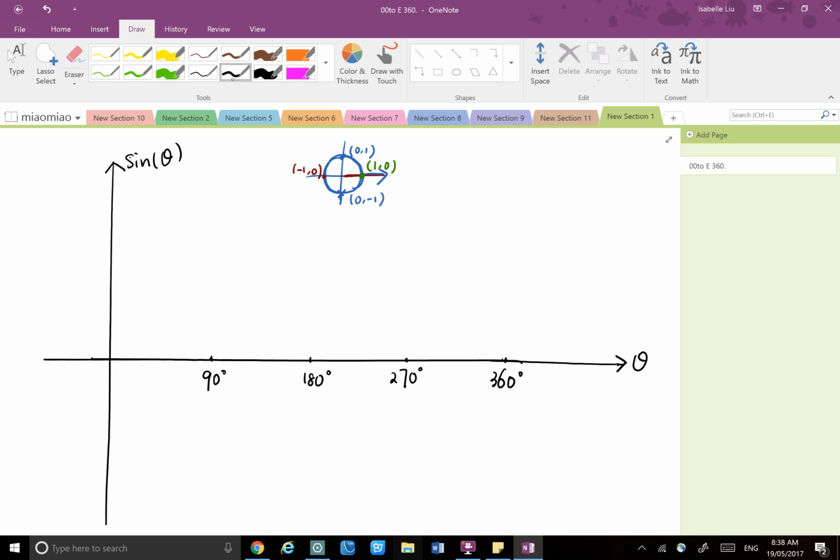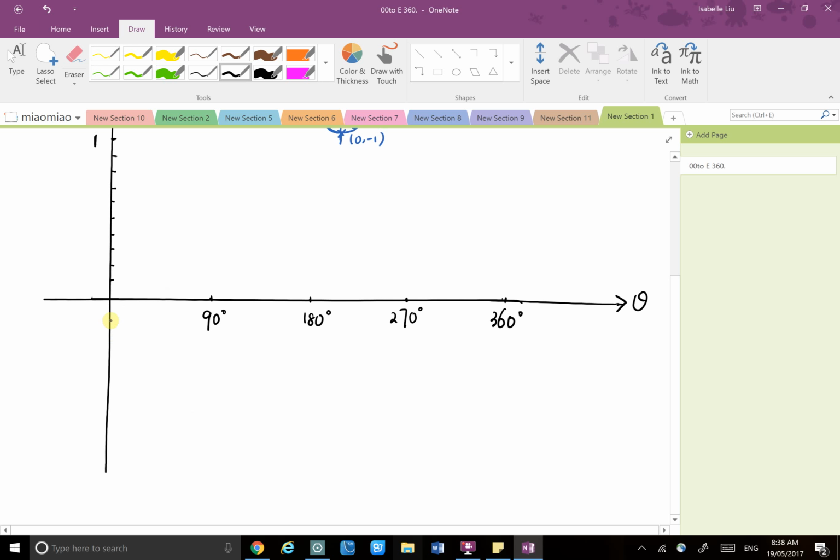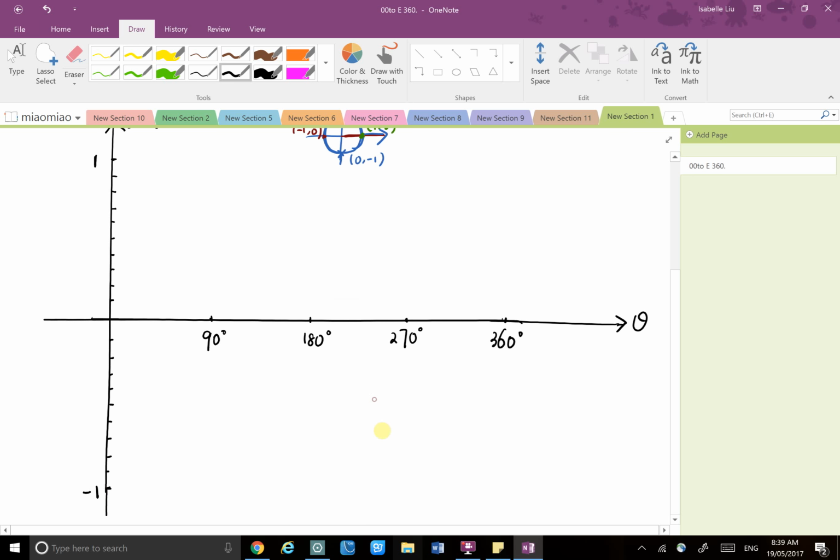Okay, and then each box is 0.1, so here is 1, and then 0.1, 0.3, 4, 5, 6, 7, 8, 9, 10. That's -1. So 1 and -1.